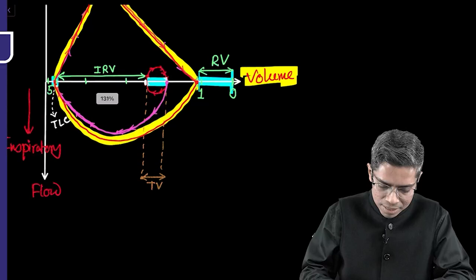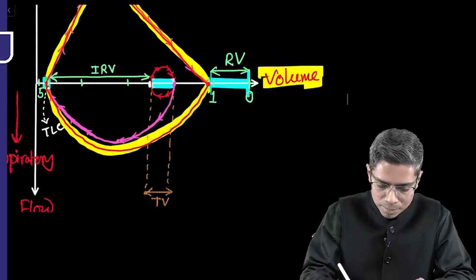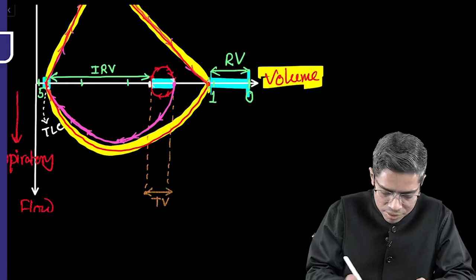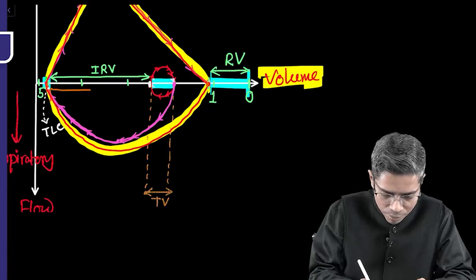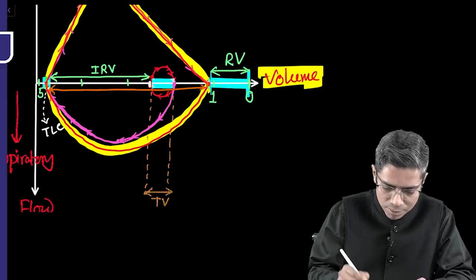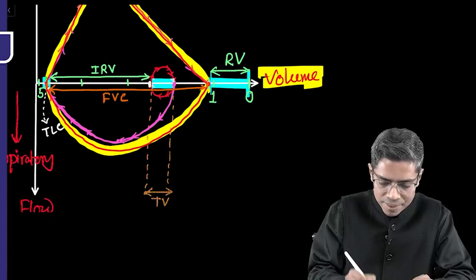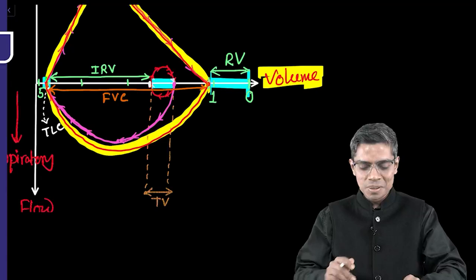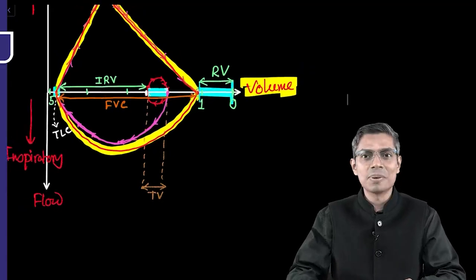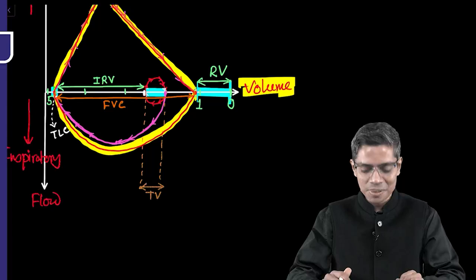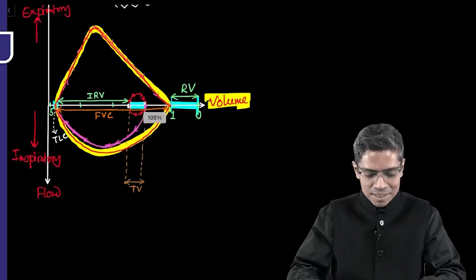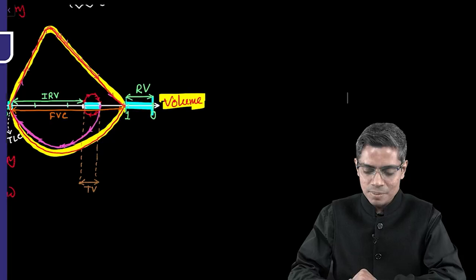And if you measure the total volume from this residual volume up to this TLC point, this is a combination of multiple volumes, this is nothing but your FVC, the forced vital capacity. So again you are getting multiple volumes and capacities from here, and you can also get the expiratory reserve volume.